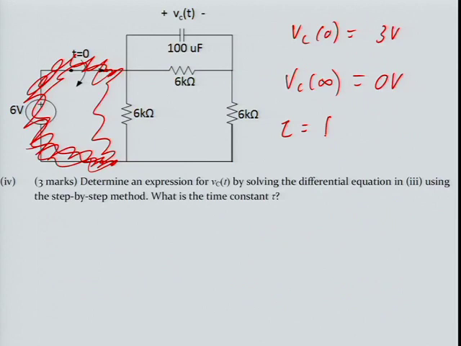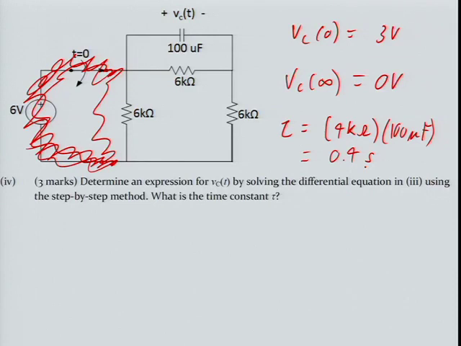So the equivalent resistance times the capacitor is 0.4 seconds. That's everything I need to know.